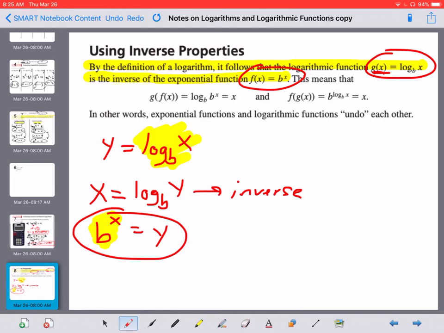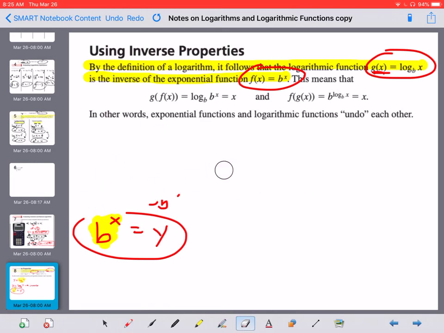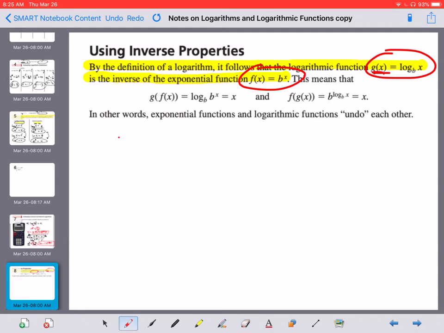We can do it the other way as well. Let me erase this and start with y equals b to the x. And again, remember, inverse is just switching the x and the y.